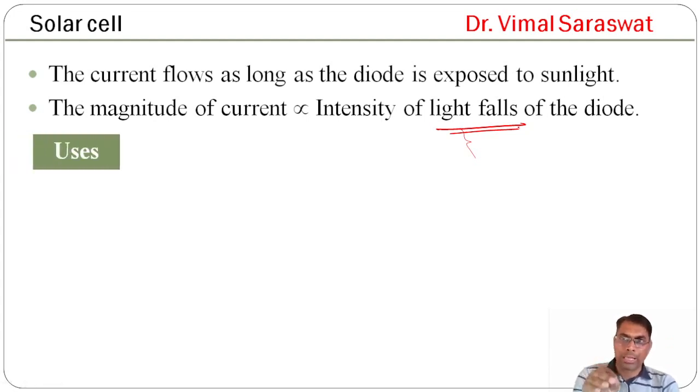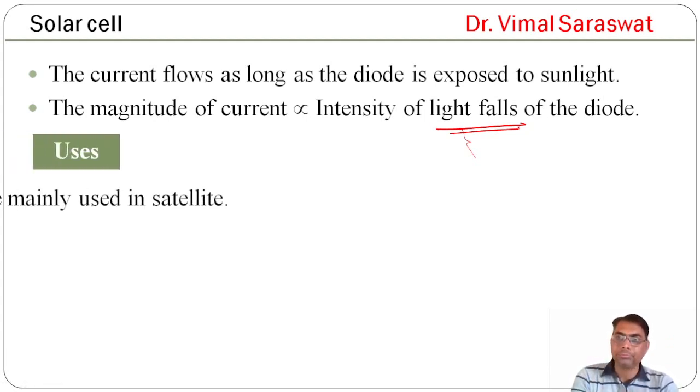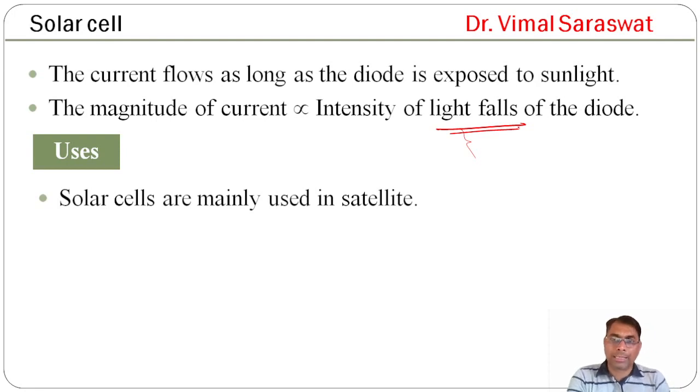Now, uses of solar cell. Solar cells are mainly used in satellites because we cannot connect a circuit from here to the satellite. So solar cells are mainly used in satellites, and this cell is exposed to sunlight.